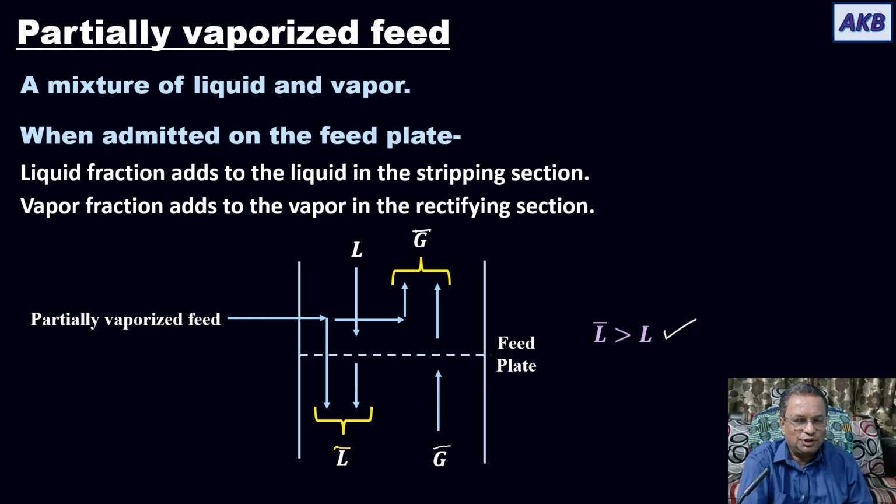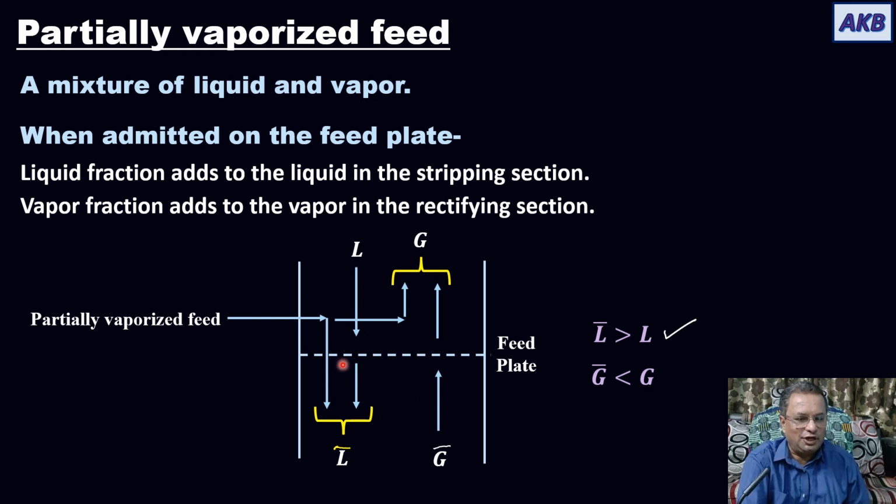This is simply G. Just a minute. This is G. And what can you say about G? G bar is less than G, or in other words, G is greater than G bar. Why? Because the vapor fraction of the feed is getting added to the vapor stream. So when you have partially vaporized feed, this is what happens on the feed plate.